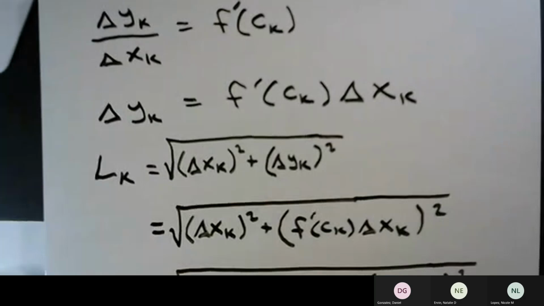And we're going to get some cancellation. We'll get pi times f of xk minus 1 plus f of xk. Then we have our square root.